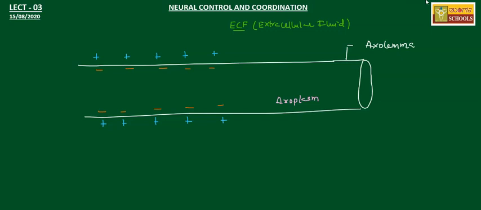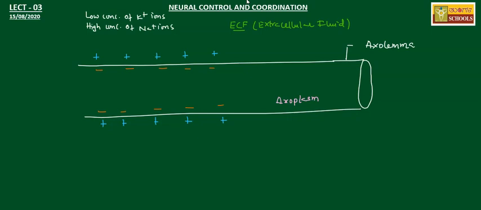The fluid that is outside the axon is the ECF. We know that in ECF there is a low concentration of potassium ions and a high concentration of sodium ions.